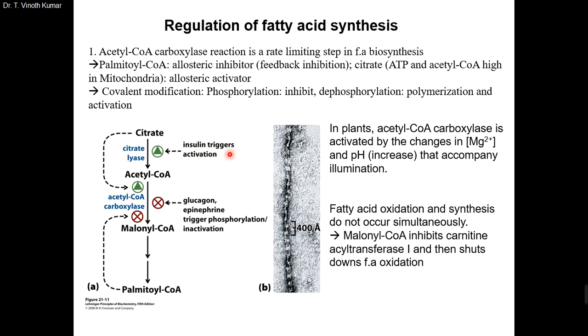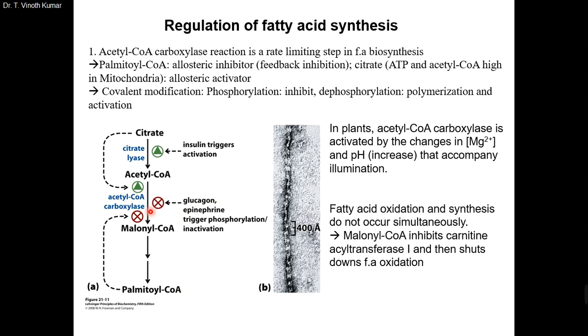The excess glucose molecules will be converted into palmitoyl-CoA, and subsequently this will form cholesterol, or other molecules like linoleic acid, linolenic acid, arachidonic acid. All the further fatty acid molecules are formed. The second hormone is glucagon. Glucagon is the inhibitor of this one.